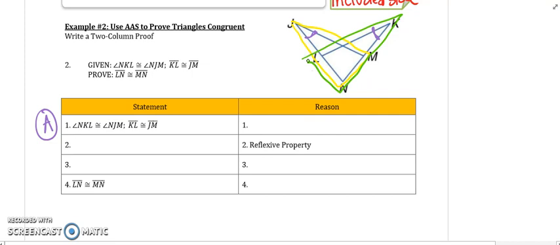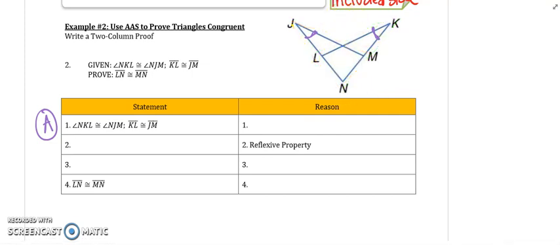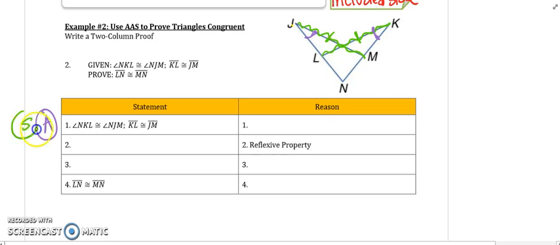So keep that in mind. And then it tells us KL, this whole line, so I'm going to mark it like that, is congruent to JM. You can put a hash mark on it. It's just kind of hard to tell that we're talking about that whole line. Okay, so that gives me a side.